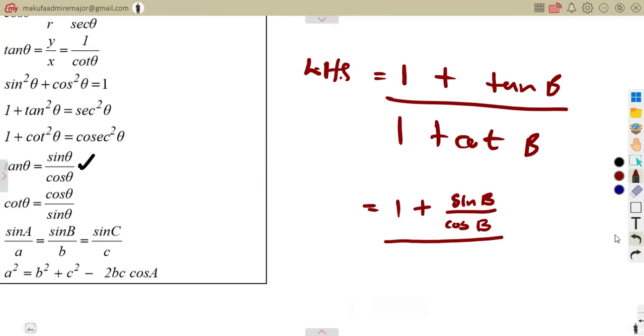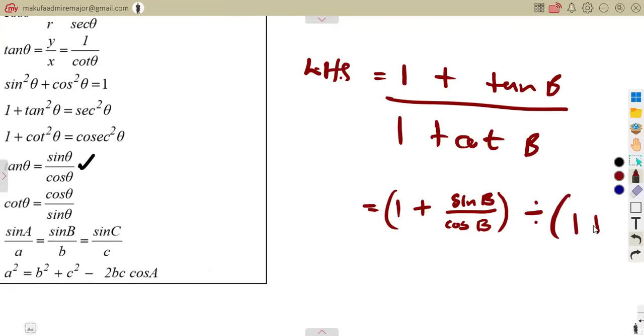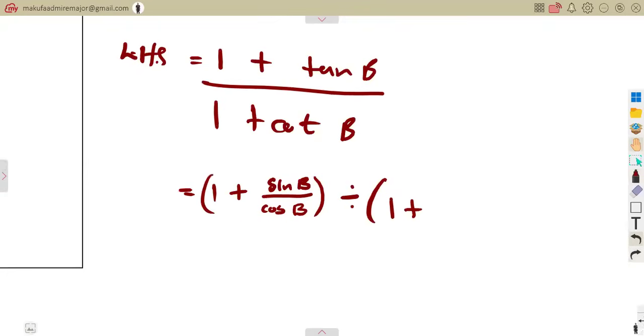Everything over this, which means if we say everything over, it simply means a division like this. So you can even have it as a bracket divided by this part, which is 1 plus the cot of b. So remember cot, it's going to be cos b over the sine of b.